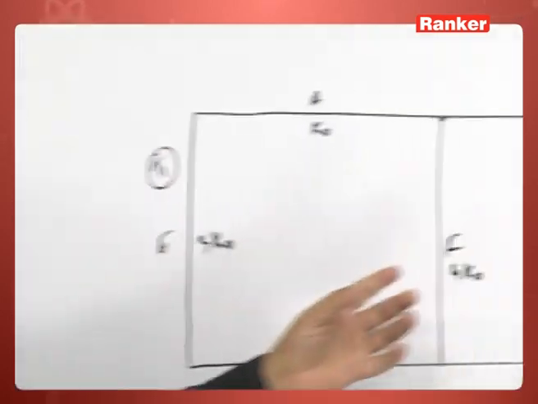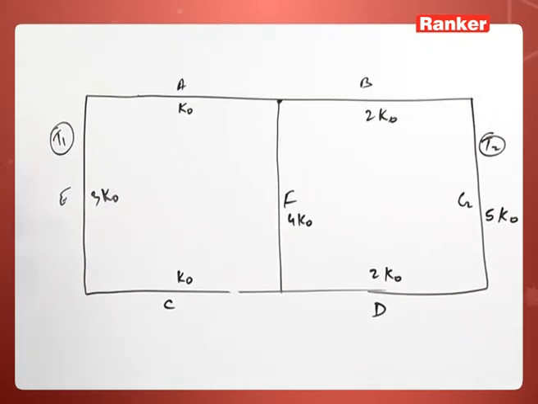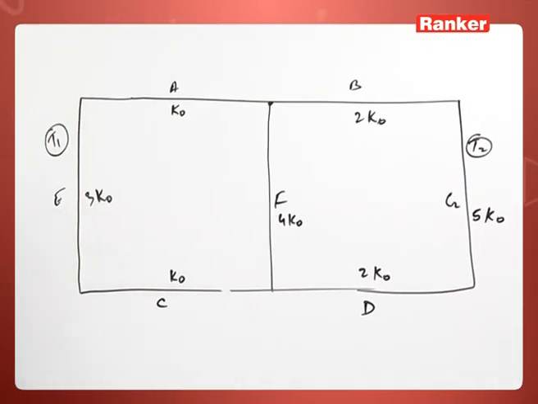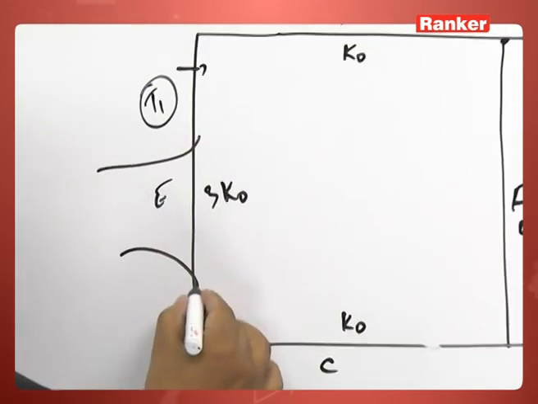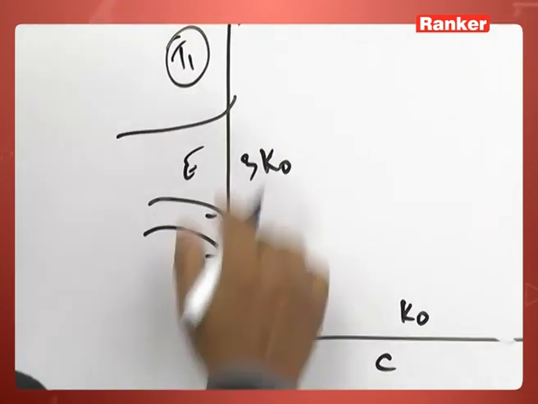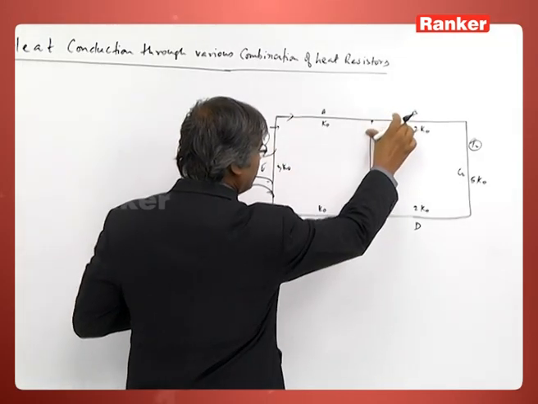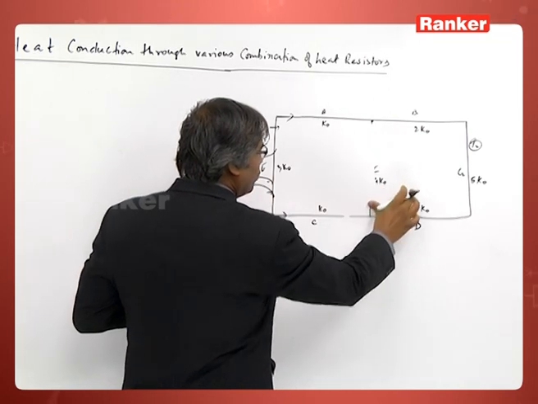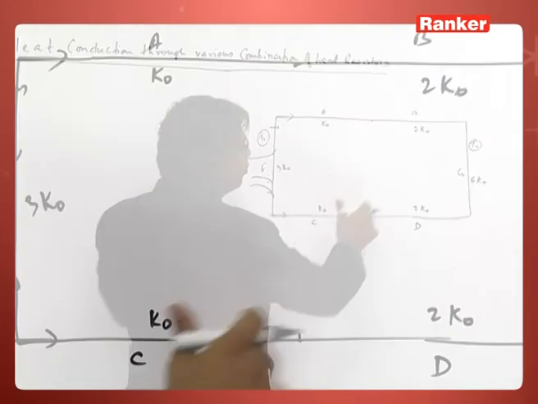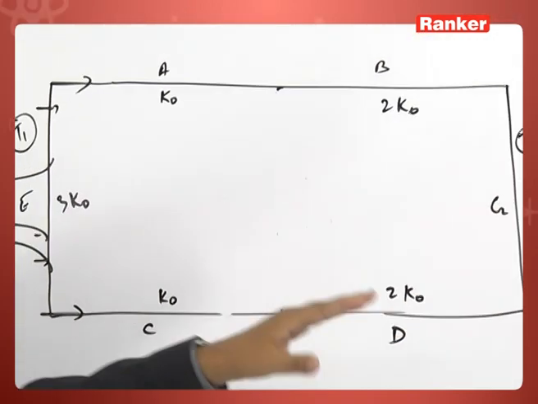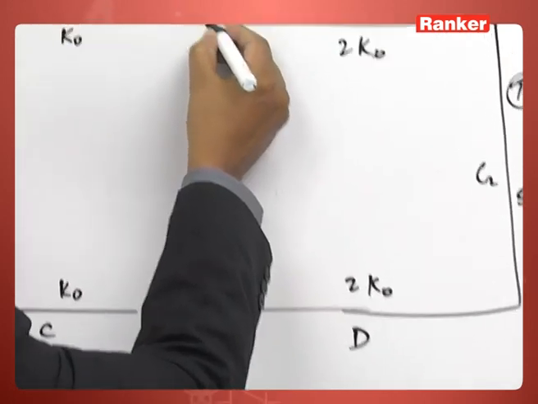Now, let us see, in order to maintain this temperature T1, how much heat has to be supplied. You see this rod takes heat from this end and delivers through this, and you see this F is of no use. I have removed this F because these 2 points are at the same temperature now.